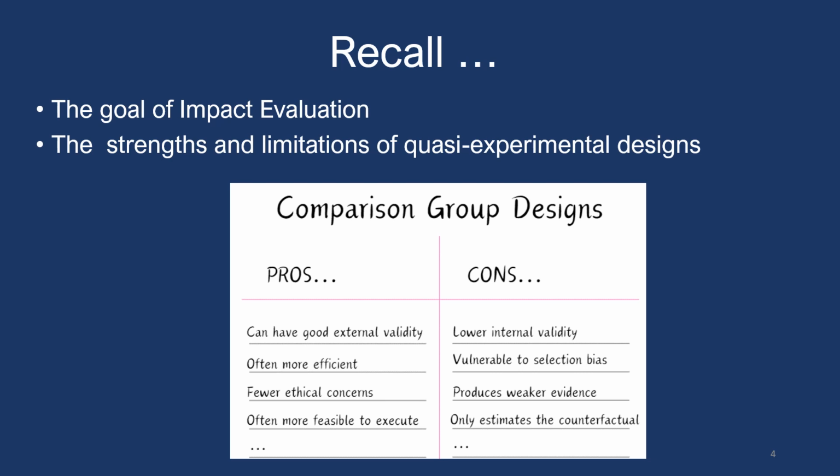Let's return to what our goal is. Although every impact evaluation will revolve around evaluation questions that reflect the program at hand and the priorities of the stakeholders, at the highest level, each is tasked with finding out whether the program worked, meaning did it make a difference.